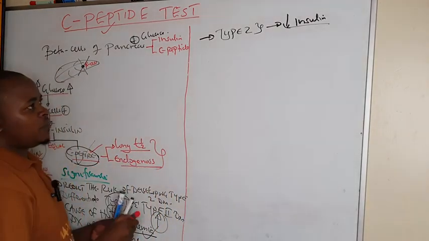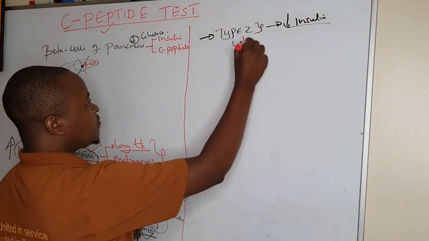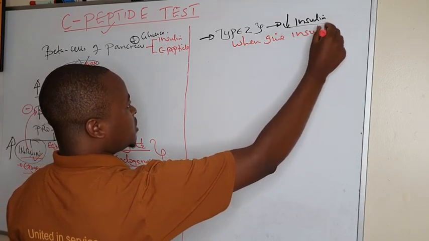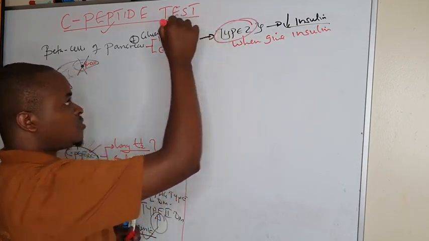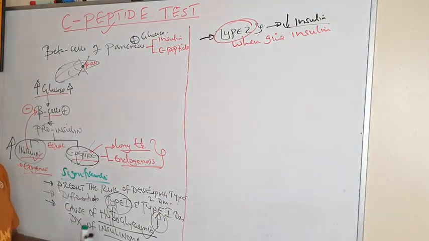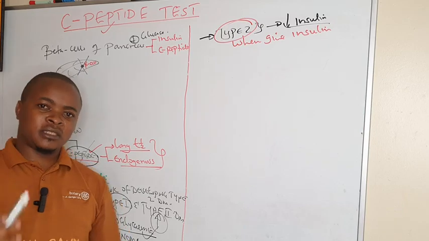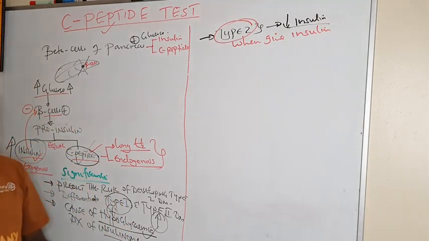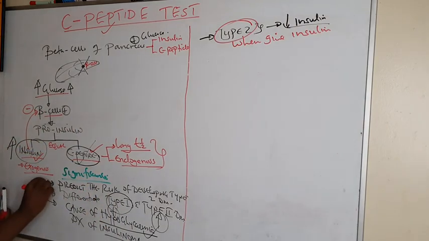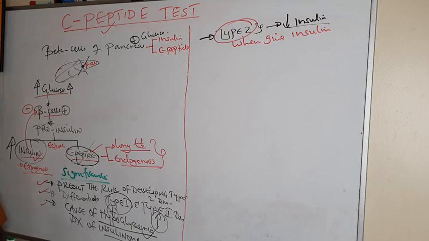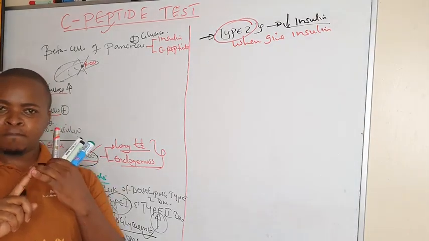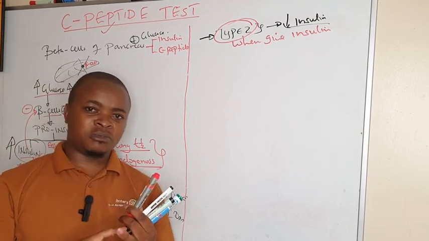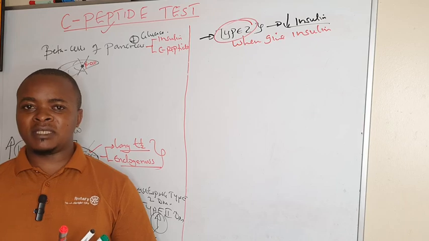So this test can help us to know when to give exogenous insulin in patients with type 2 diabetes, in the case of insulin toxicity that inhibits production of beta cell insulin. So these are the significance of the test, whereby we have seen we can use it to predict the risk of developing type 2 diabetes. We can use it to distinguish between type 1 and type 2 diabetes.